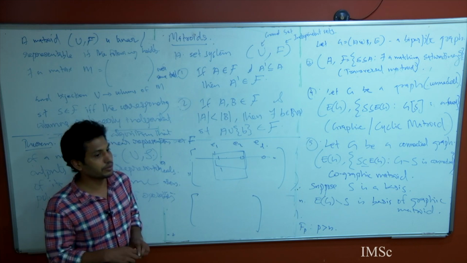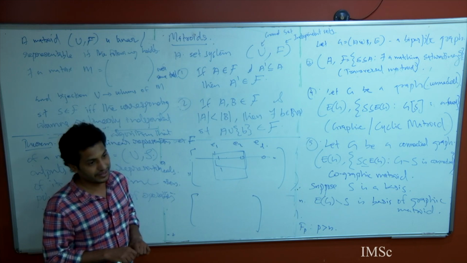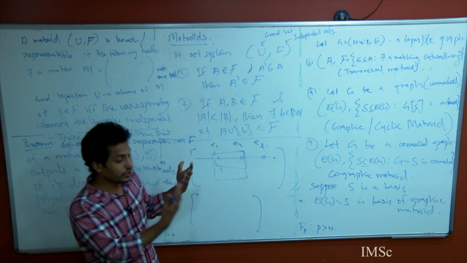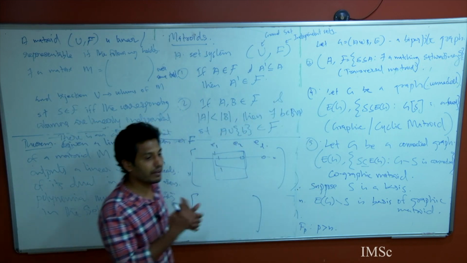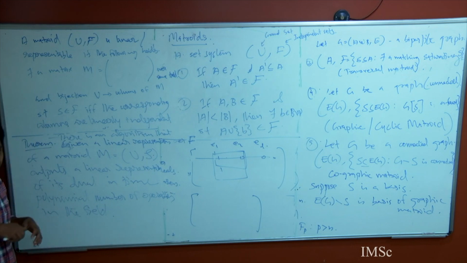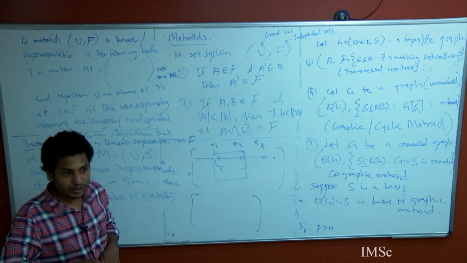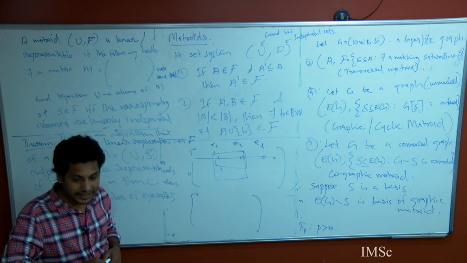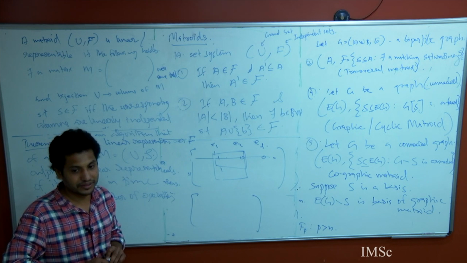No, there are Matroids which do not have a linear representation, but the important ones that we use all have linear representations. No, there are non-representable Matroids for which linear representation is not possible.